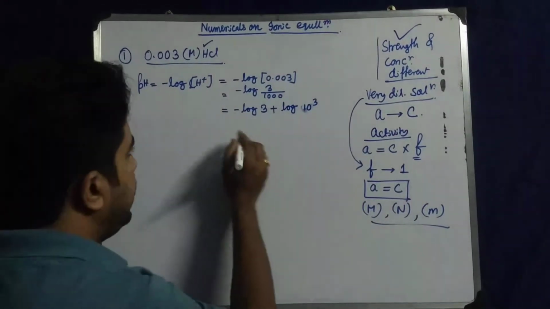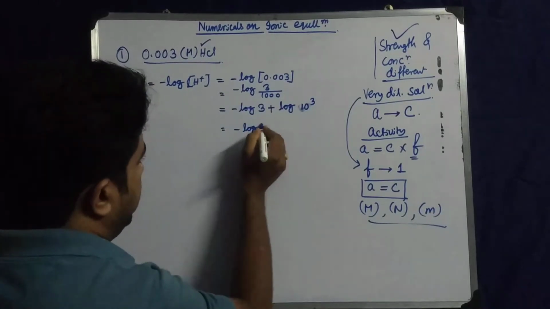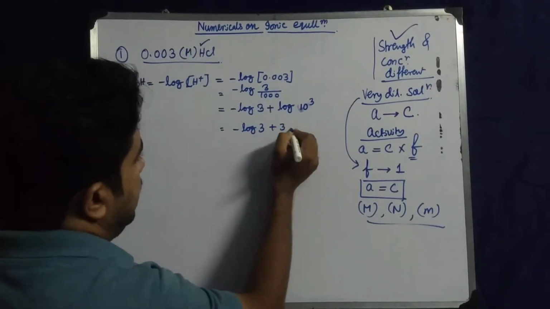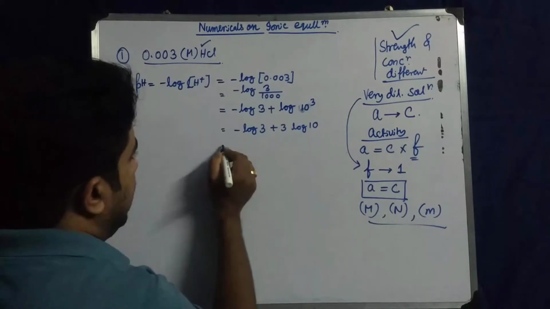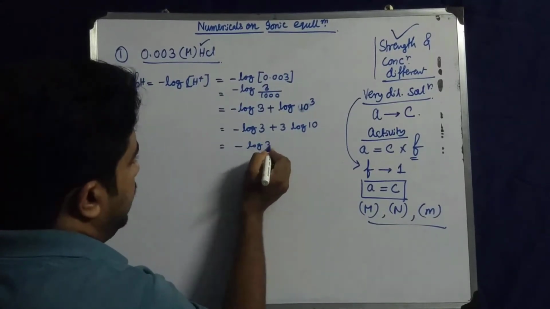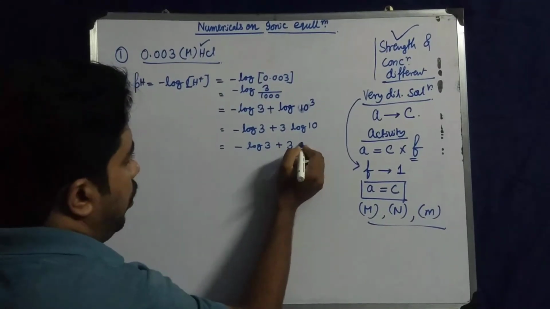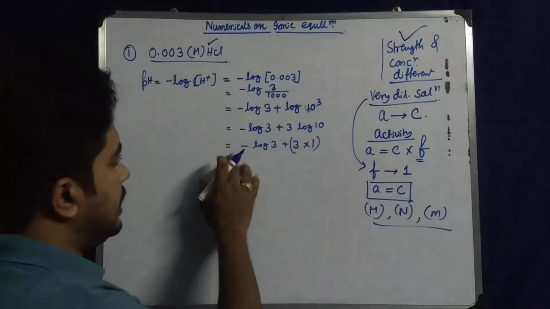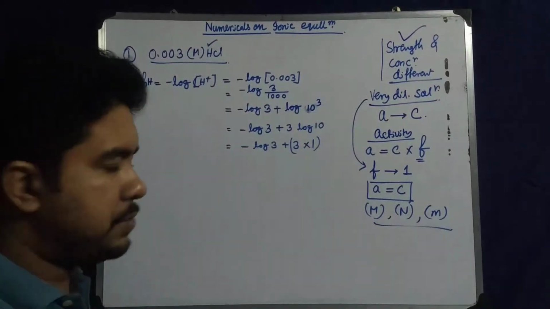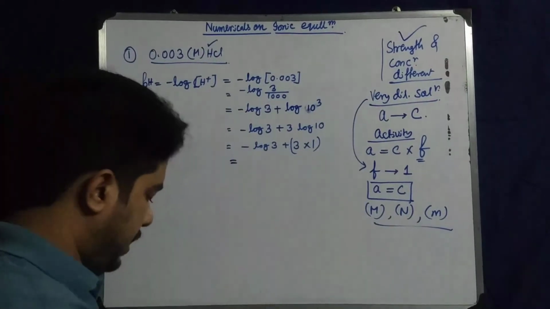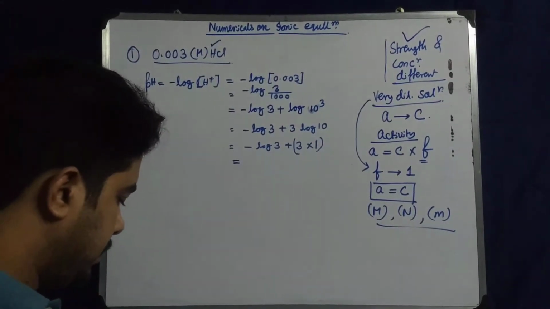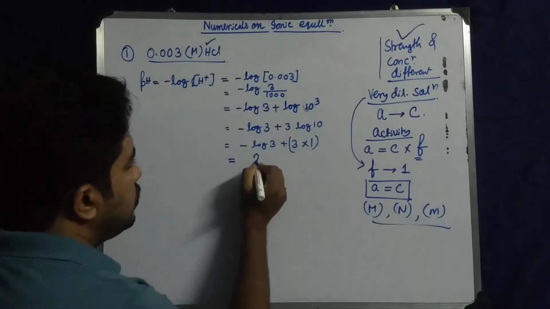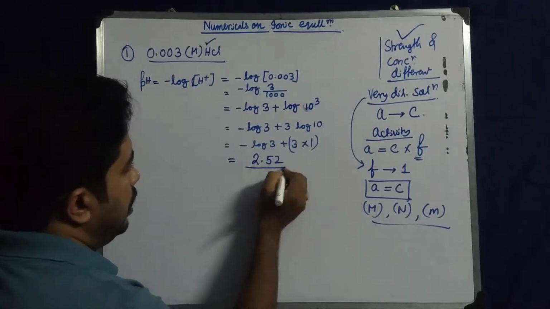So we can write minus log 3 plus 3 log 10. What do we get? Minus log 3 plus 3, because we know that log 10 is 1. So we get minus log 3 plus 3 into 1, that is plus 3. Our final answer, calculating it, will be 2.52.